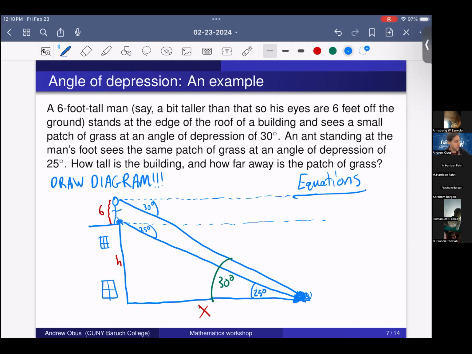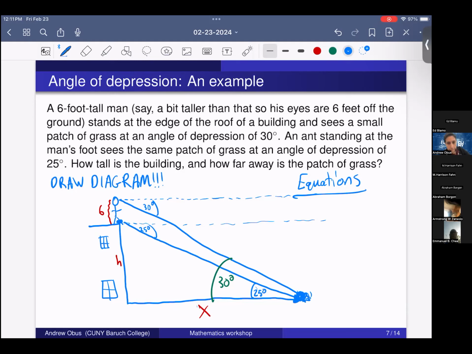Anybody want to give me a trigonometric equation we can write that relates H and X? Yeah, I'm looking at tangent.